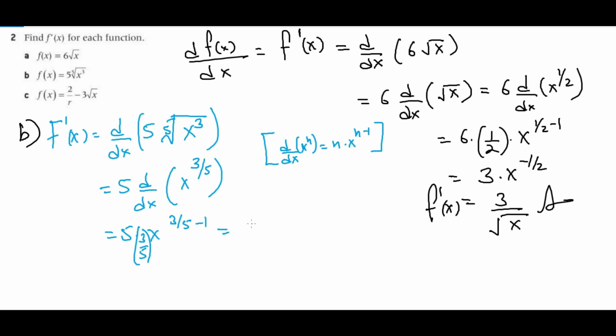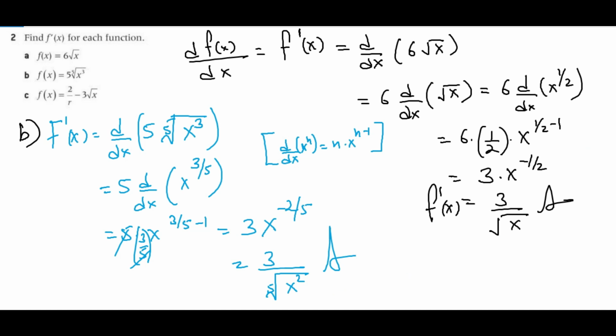So we get 3, because 5 and 5 get cancelled, x to the power 3 by 5 minus 1, which is negative 2 by 5. This minus can be converted into positive if you bring it down, so x squared can be written like this. Hope you got it. If not, put it in the comments.